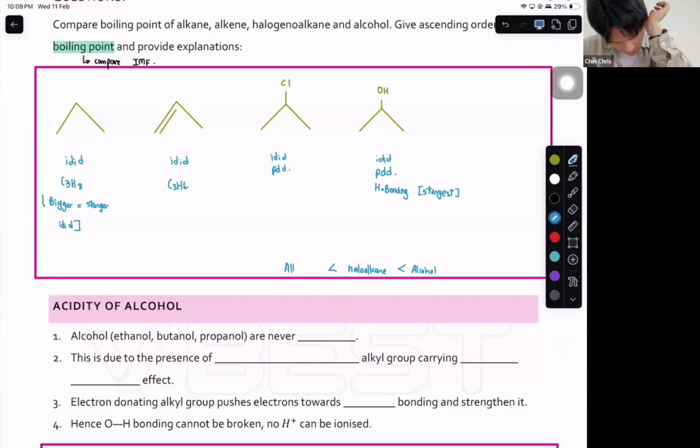Then we have alkane. At last, we have alkene. That's it.